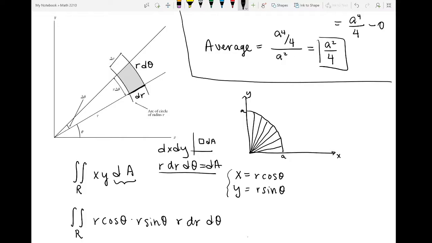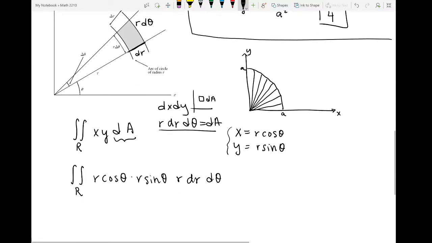Now I need to put in my limits of integration. I'm going to integrate first with respect to r. So r starts from 0 and goes out to a. That will be the limits of integration in r.